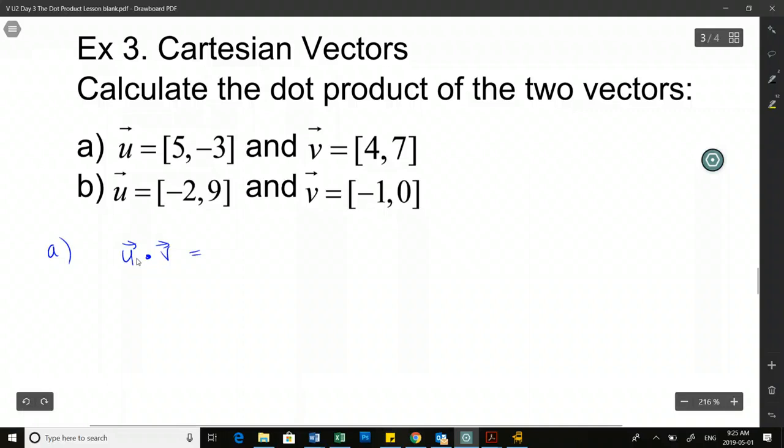Now, when I'm doing this as far as a Cartesian vector, the formula is a little bit different because I already have the x components and the y components, and I'm interested in how those are working together on a scalar level. So I'm going to take the x components and multiply them, and take the y components and multiply them, and then add those two scalars together.